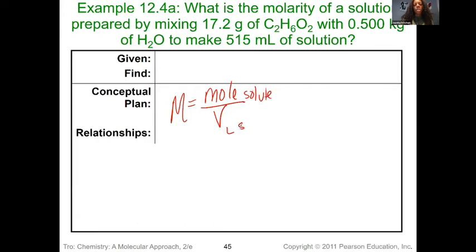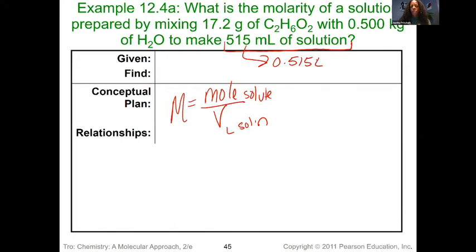Okay, and so we have to look and see, do we have the information needed? Well, I do see we have a volume of solution, so that's good, but it's not in liters. But we can do that really easily. Just simply divide by 1,000 or move that decimal point 3 places. So that would become 0.515 liters.